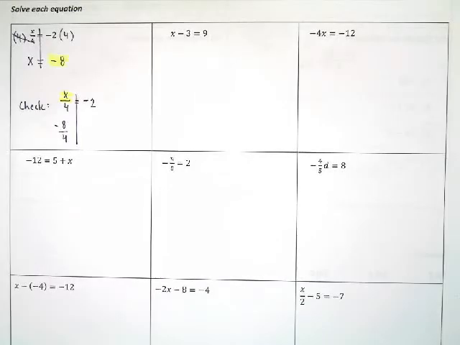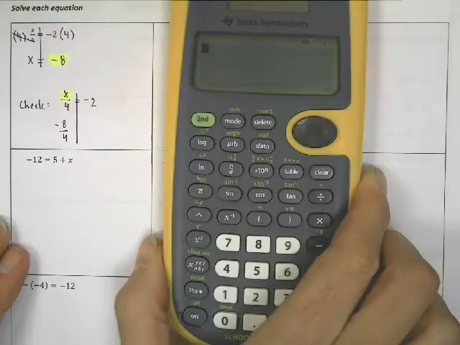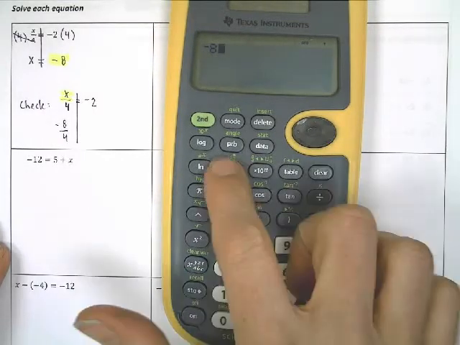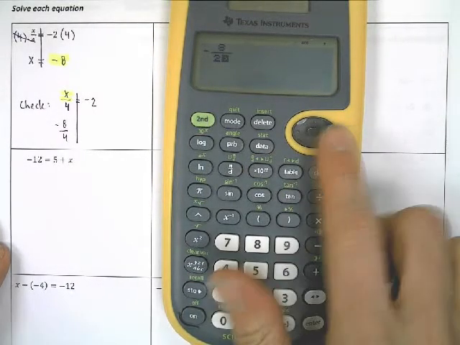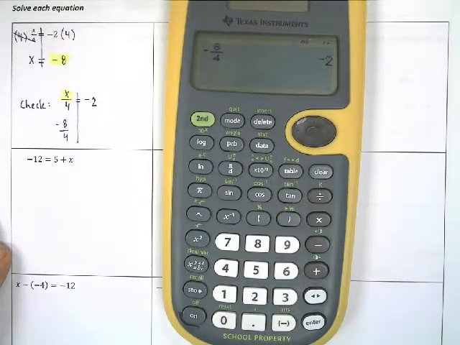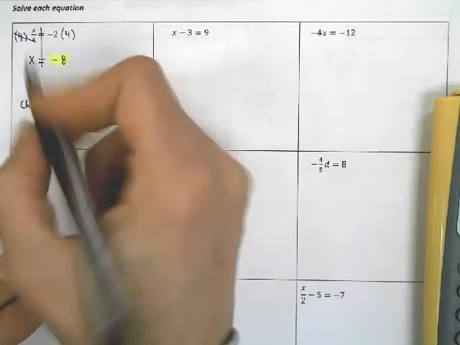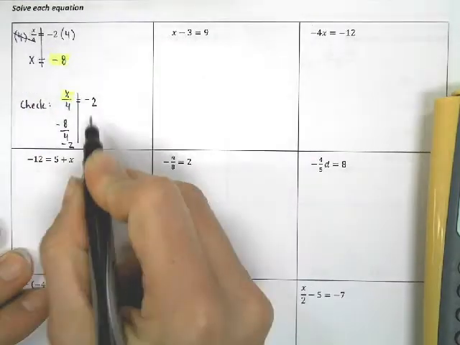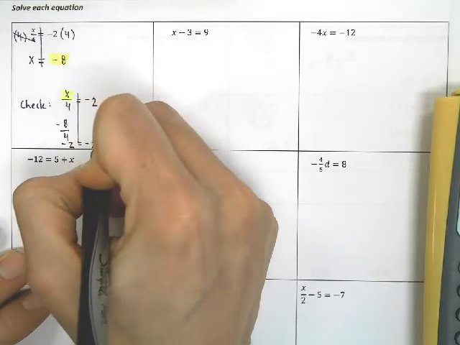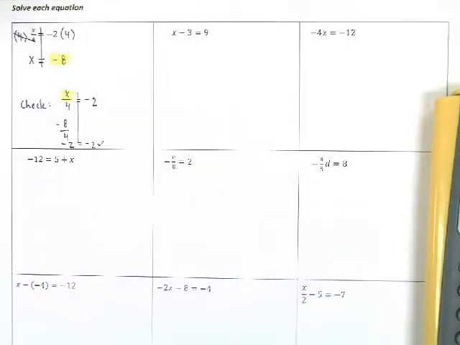Now, we actually want to use our calculator and make sure this is getting us what we want. So I'm going to type in negative 8 over, use my N over D key, over 4. And I do get a negative 2. Since my negative 2 matches what I wanted, which was a negative 2, I know my answer checks out.